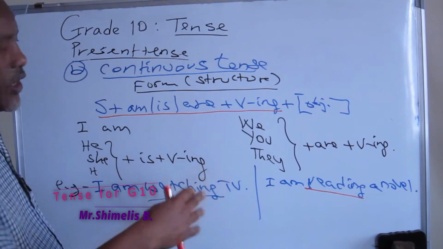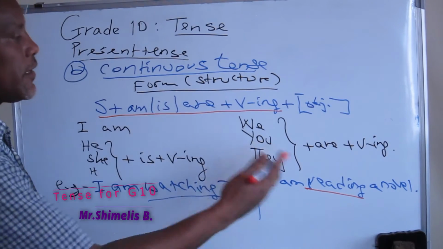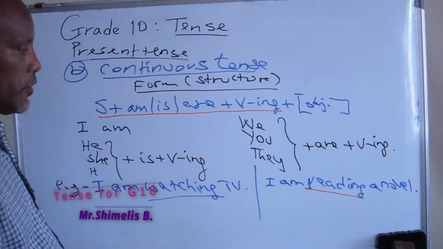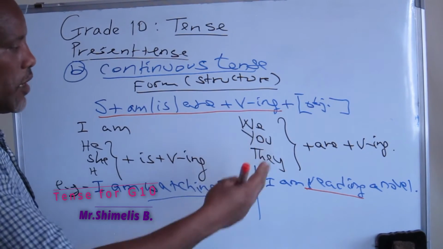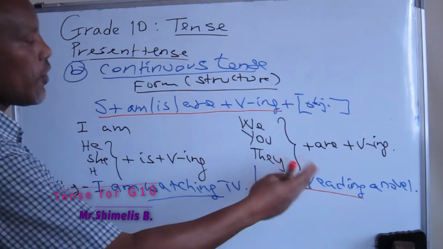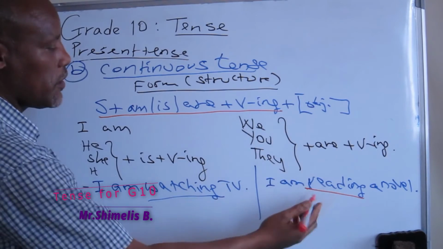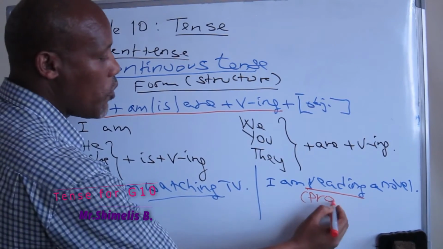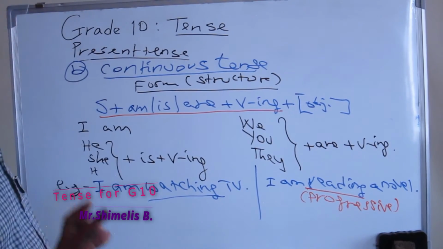He or she hasn't yet finished reading, so he or she is still reading the novel, but it doesn't mean as he or she speaks about it. This action started sometime in the past, and it is still going on. So it's a current action, a progressive action. This is a typical example of a progressive or incomplete action.